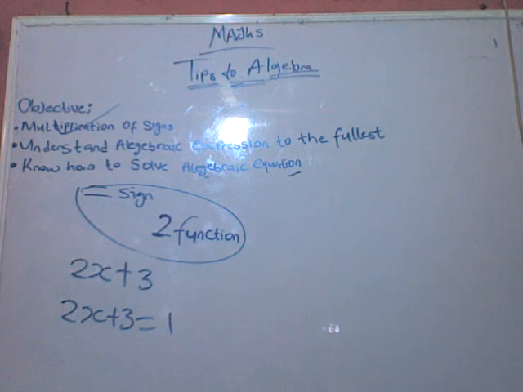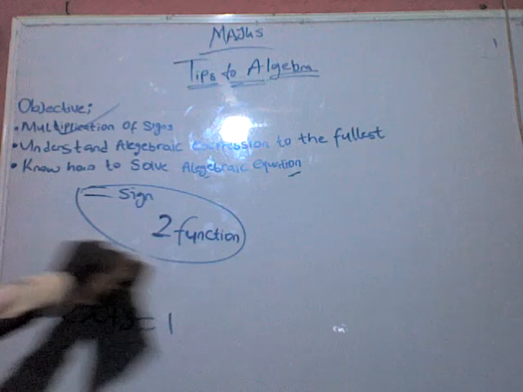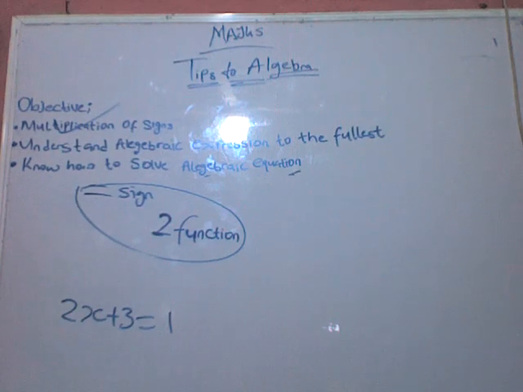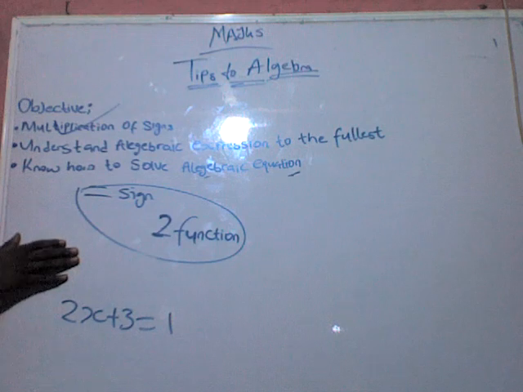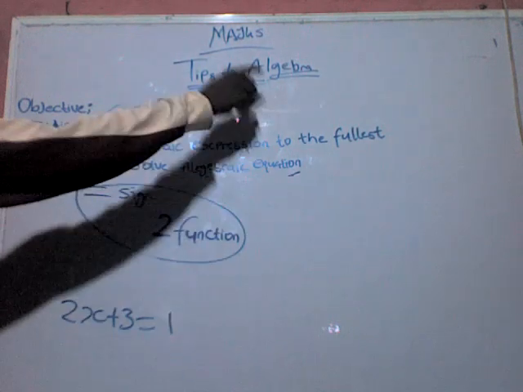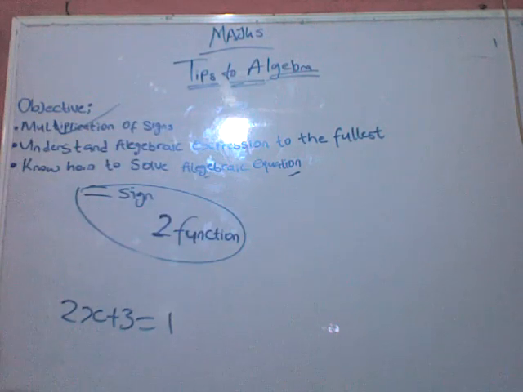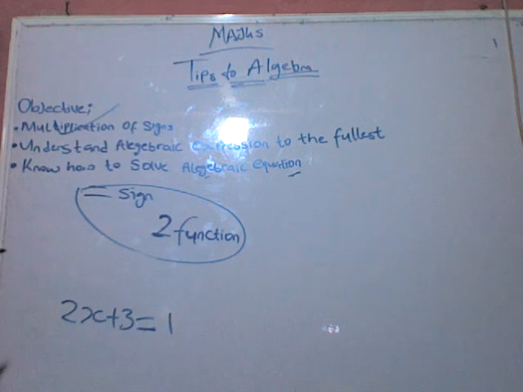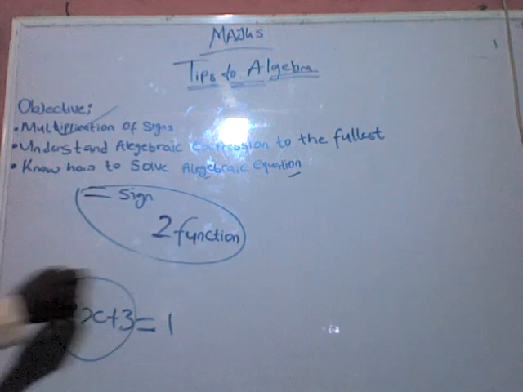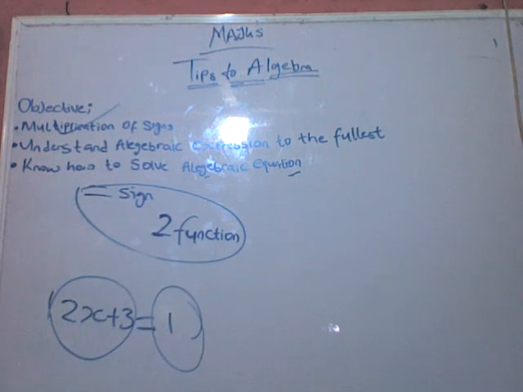Now let's take away this. So I said that the equals to sign has 2 functions. The first function is from our normal day life, and the second function is from our algebra. Looking at this in a normal human being way, you cannot say that this is equal to this. It doesn't make sense.